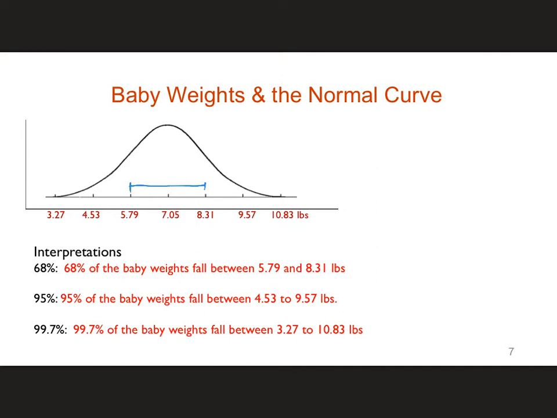So in this case, 68% of the babies' weights fall within 5.79 and 8.31, and that represents our 68%. So it's giving us the range of values that covers 68%. Alright, now the next one is 95, and we know that 95 is 2 standard deviations within the mean.